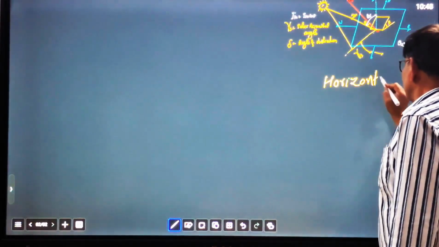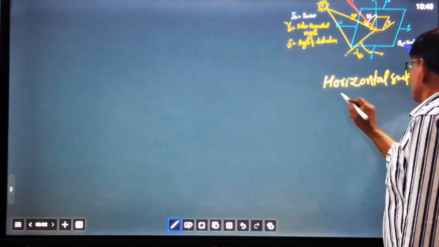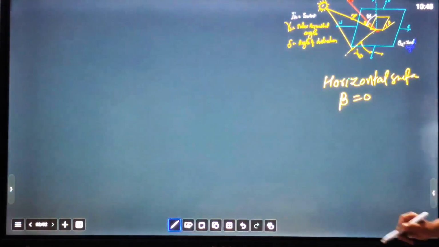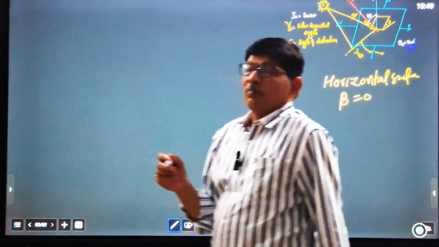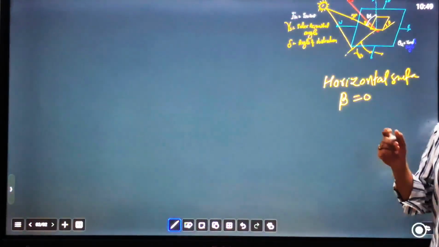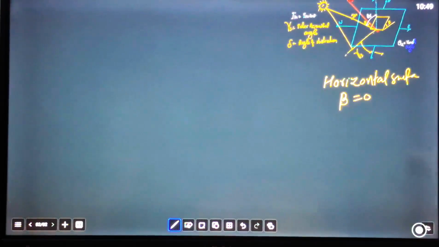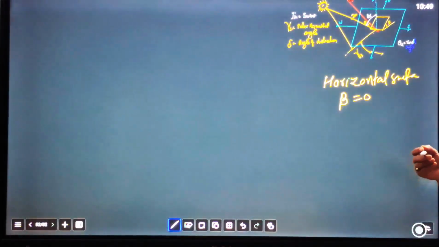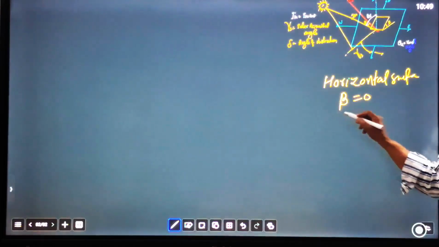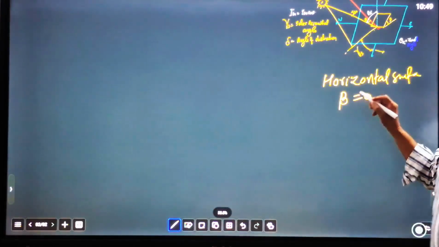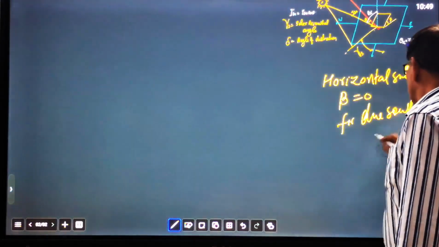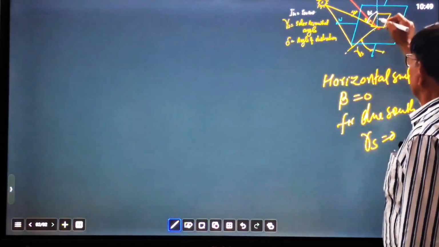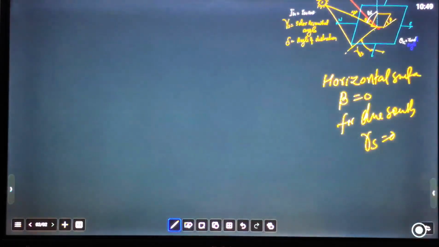For a horizontal surface beta equals 0, because mostly in practice we have to find monthly and daily average radiation incident, so under that condition we use the surface facing due south, and for due south gamma also becomes 0. If the projection line is along the south, then gamma also becomes 0.